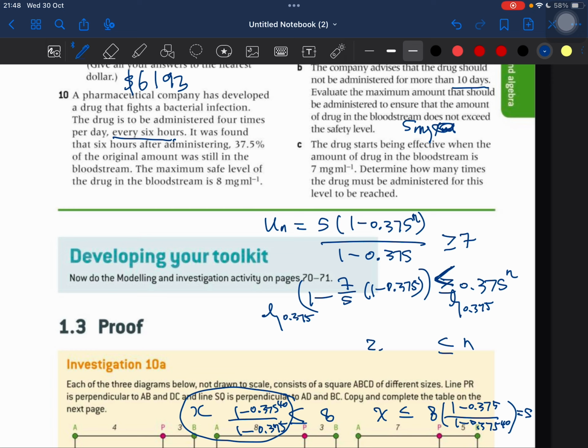This is about 2.12. So the drug must be administered 3 times, because twice it is still not effective. From the 3rd time, it starts to show the effect. So 3 times.